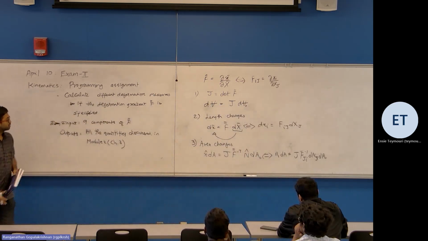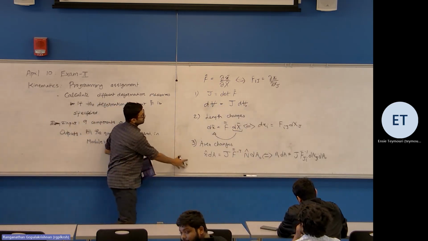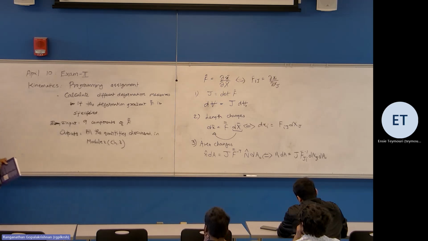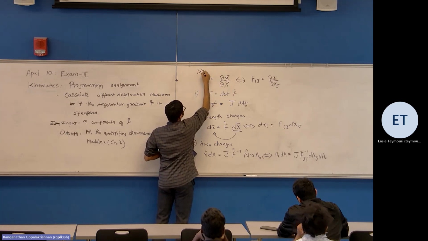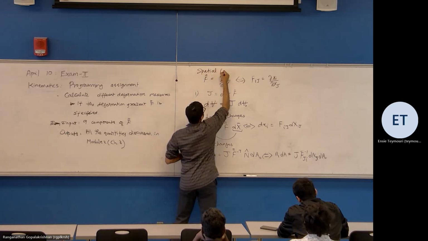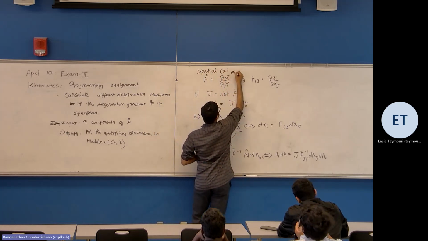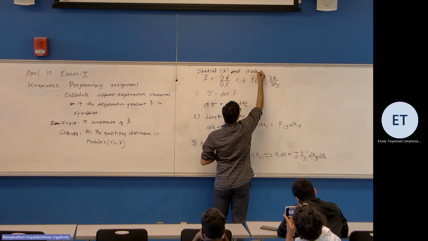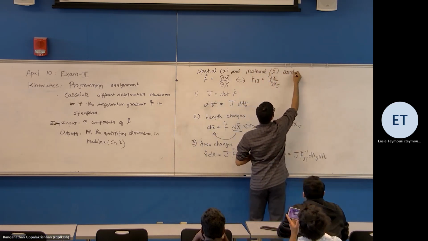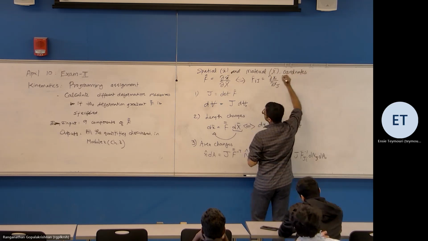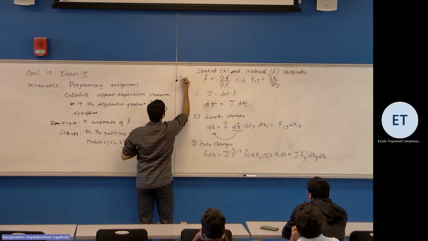So this part of the summary is what we have seen so far in two lectures. Understanding what is spatial coordinates, what is material coordinates. So maybe I should write that here. Spatial x and material X coordinates. Deformation gradient.